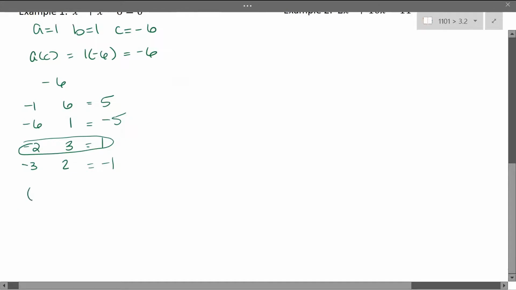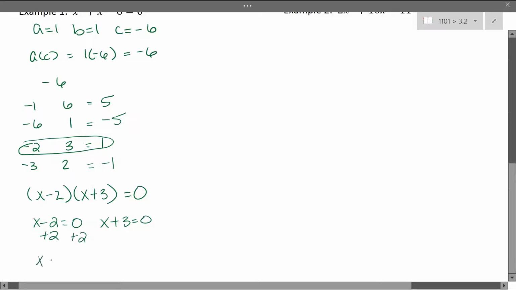So when we factor our quadratic, it's going to be x minus 2 times x plus 3 equals 0. Now we use our zero product property and set each of these equal to 0 and solve.